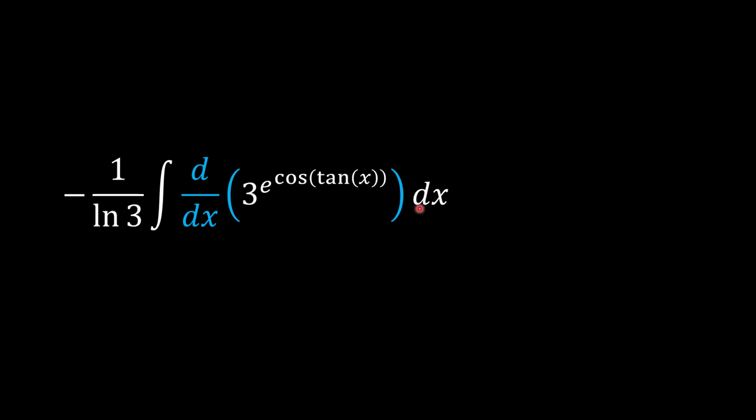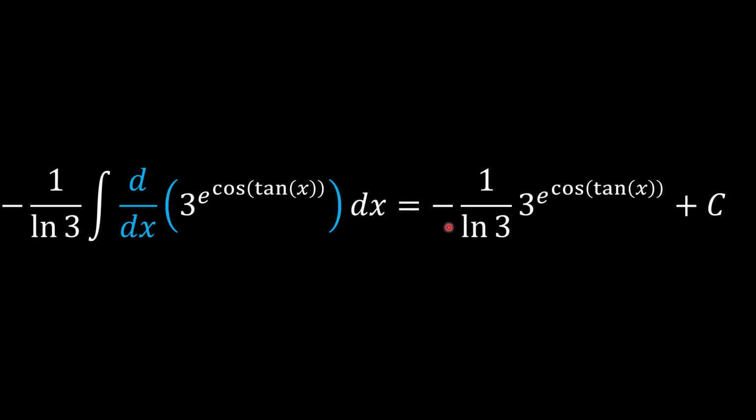We also know that the integral is an antiderivative. If we have a derivative with respect to x, and we're integrating with respect to x outside of it, the function under the derivative remains as it is, but we have to add an integration constant. In other words, that is equal to negative 1 over the natural logarithm of 3 times 3 to the power e to the power cosine tangent of x, plus the integration constant.